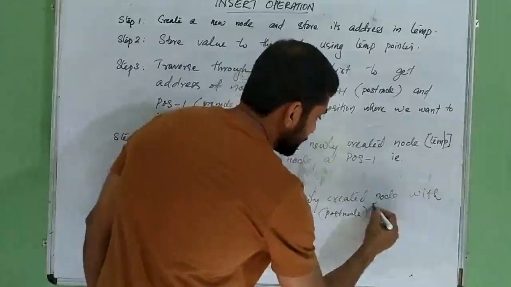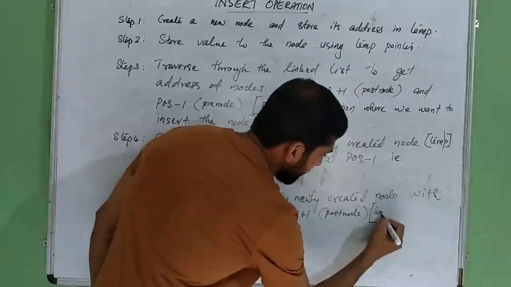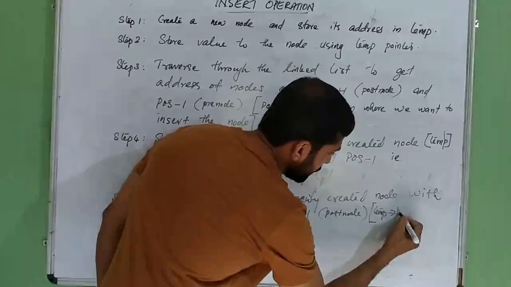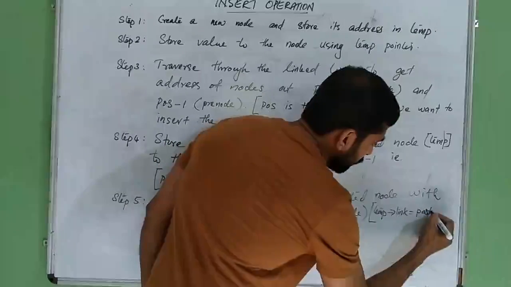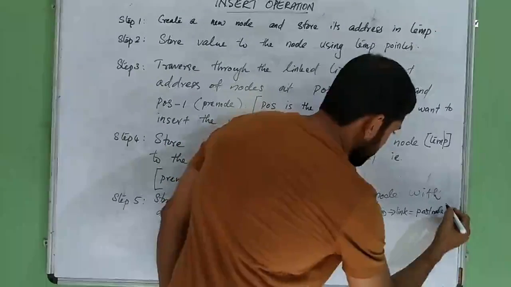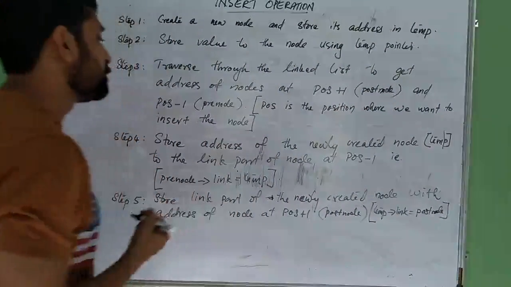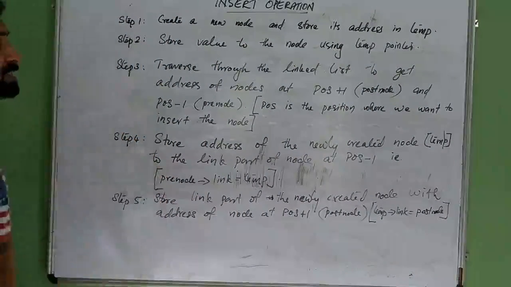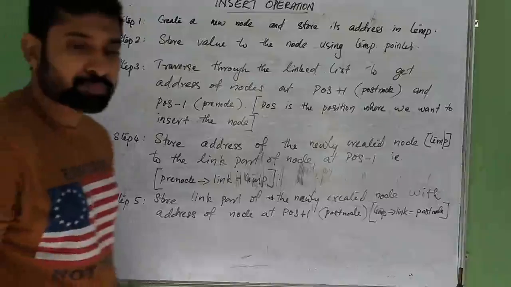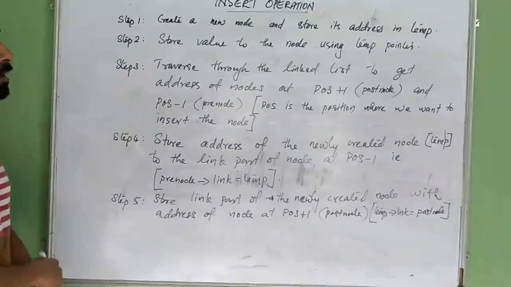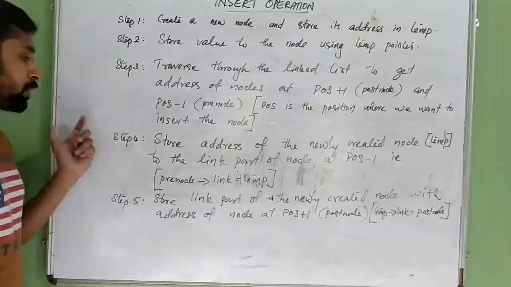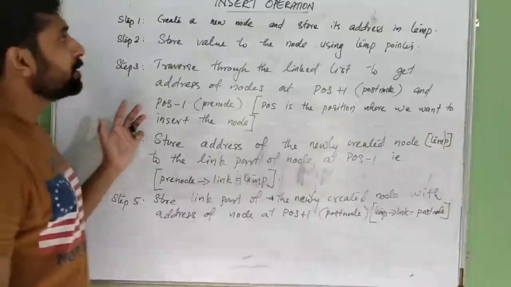So we can write a statement like this: temp arrow link equal to post node. So these are the steps to insert a new node into a linked list.